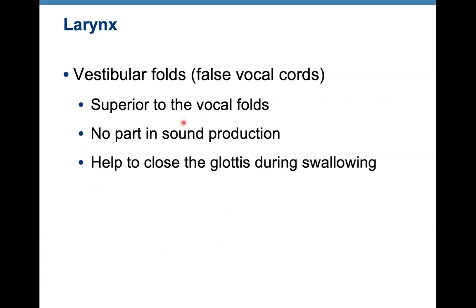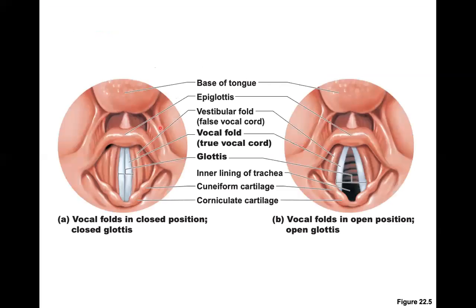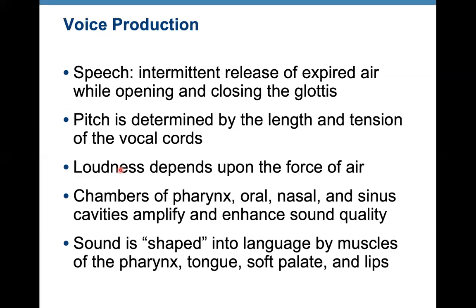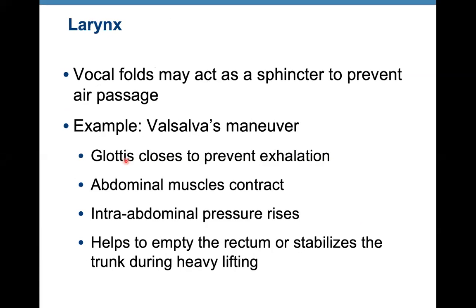They are there to really just help close the glottis during swallowing, and they serve absolutely no use in sound production. Okay, and the things in white right here are your true vocal cords. And then right here on either side, these would be your false vocal cords. And you can look at the different parameters for voice production here.